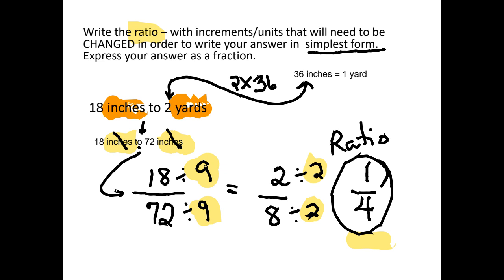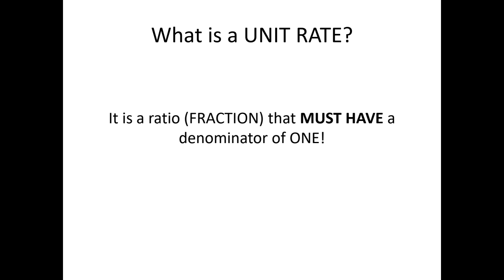Now, here we come. We are entering into what we call rates. Okay, now this is a special rate or fraction.